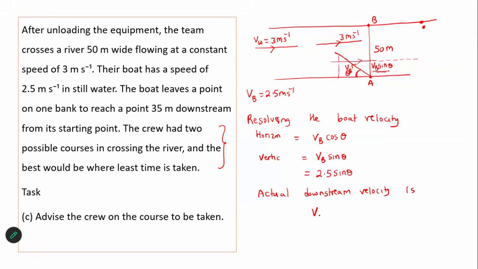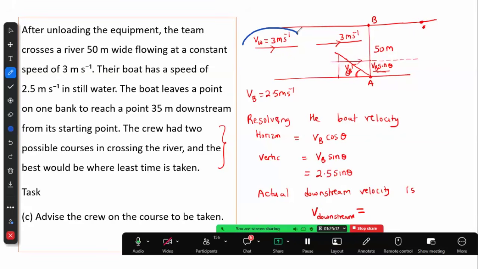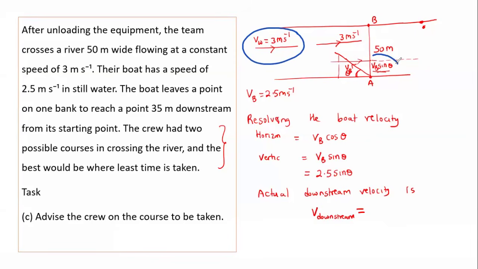So if I want to get the velocity downstream, members, what is going to be our velocity downstream? Could someone tell us in the chat? Downstream, I want you to look at the two velocities. This is your water, and this is the velocity of the boat. So what is going to be our velocity?